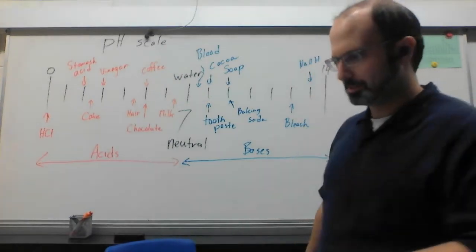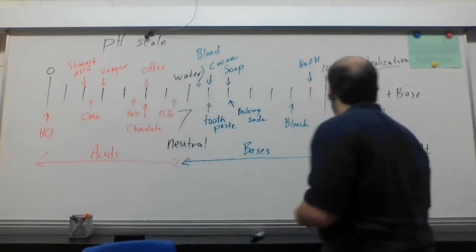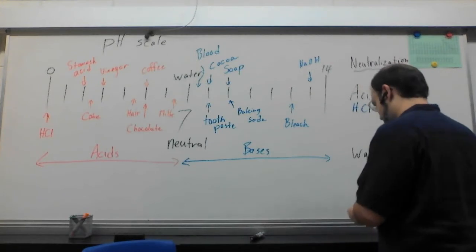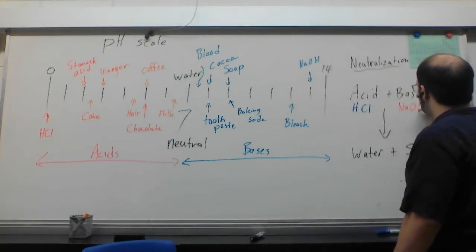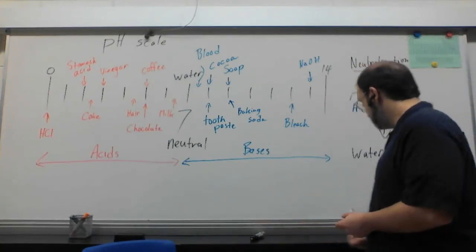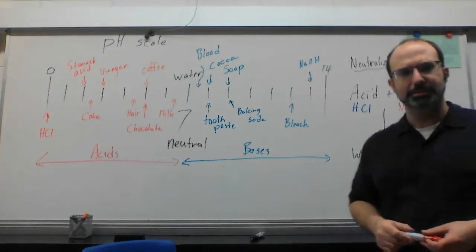What's an example of this? Well, let's do our absolute best and simplest example. Our acid, HCl. We're going to combine that with NaOH. We're going to get water. How are we going to get water? Well, what's water made of?